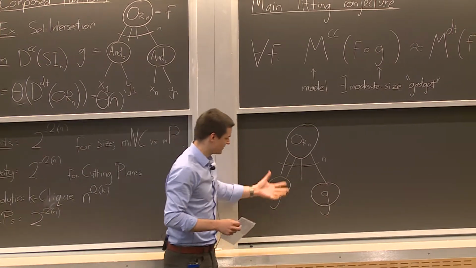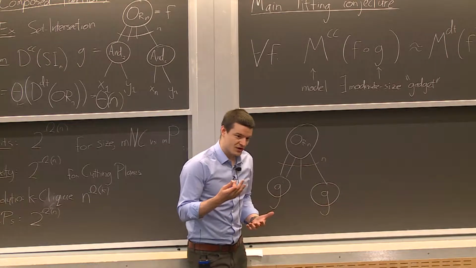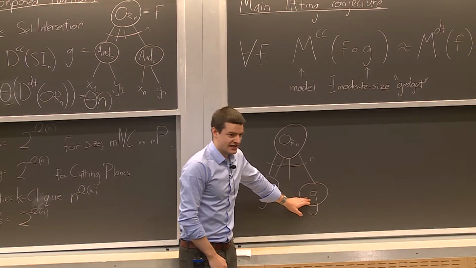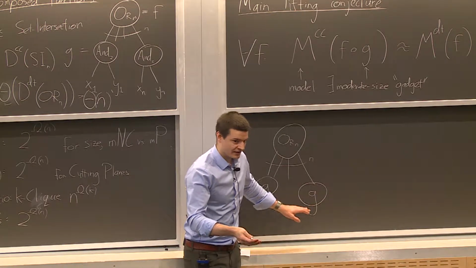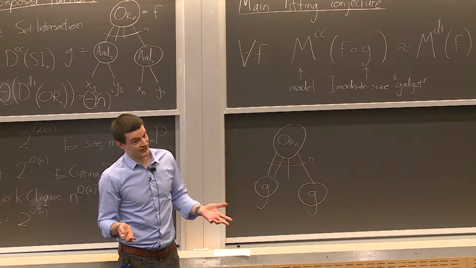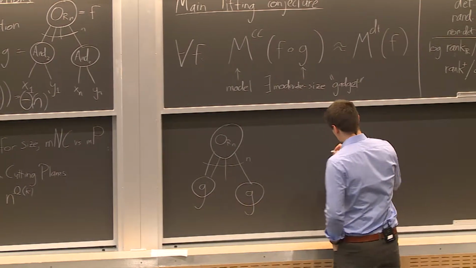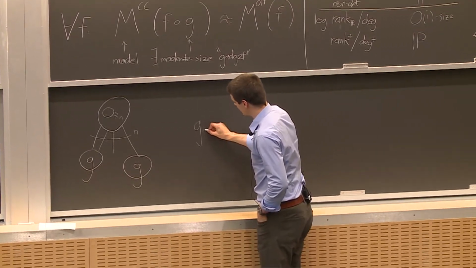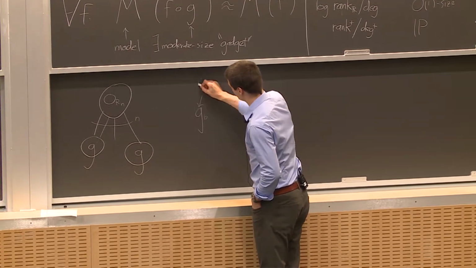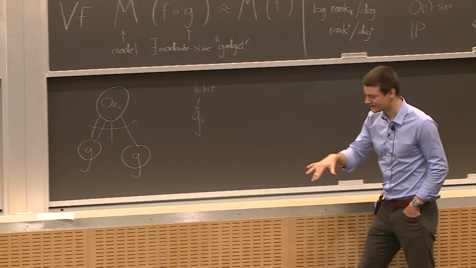So let me spell this out. Why is it the case? And that's, in short, because any gadget you can embed or reduce itself to a set intersection gadget. So if you have your gadget, let's say it's a B-bit gadget, both players have B bits.